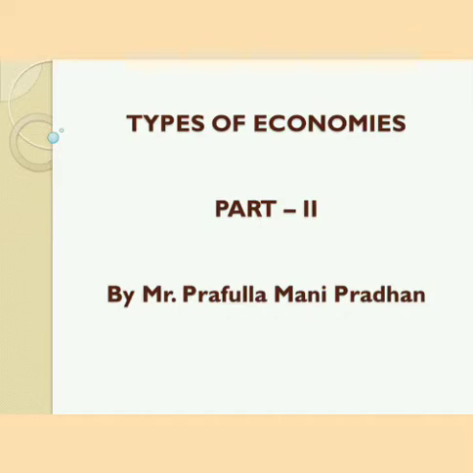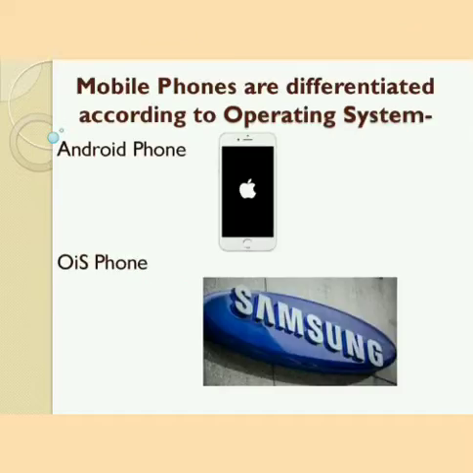Now today we are going to learn three different types of economies that are differentiated on the basis of the ownership of their resources. If you remember, I had given an analogy of a mobile phone. Your mobile phones whose brand names are Samsung, Oppo, all of them run on an Android system.